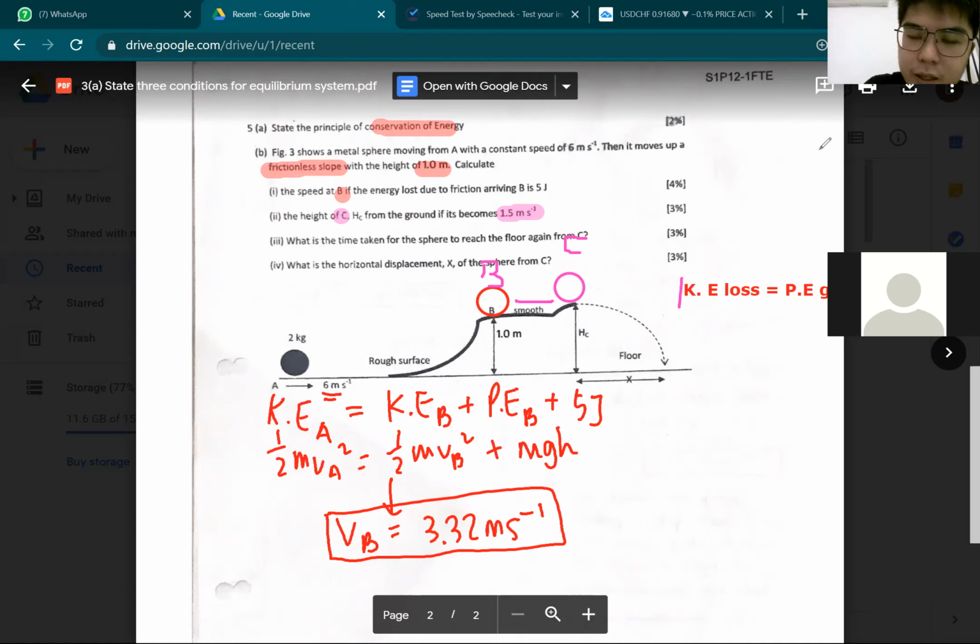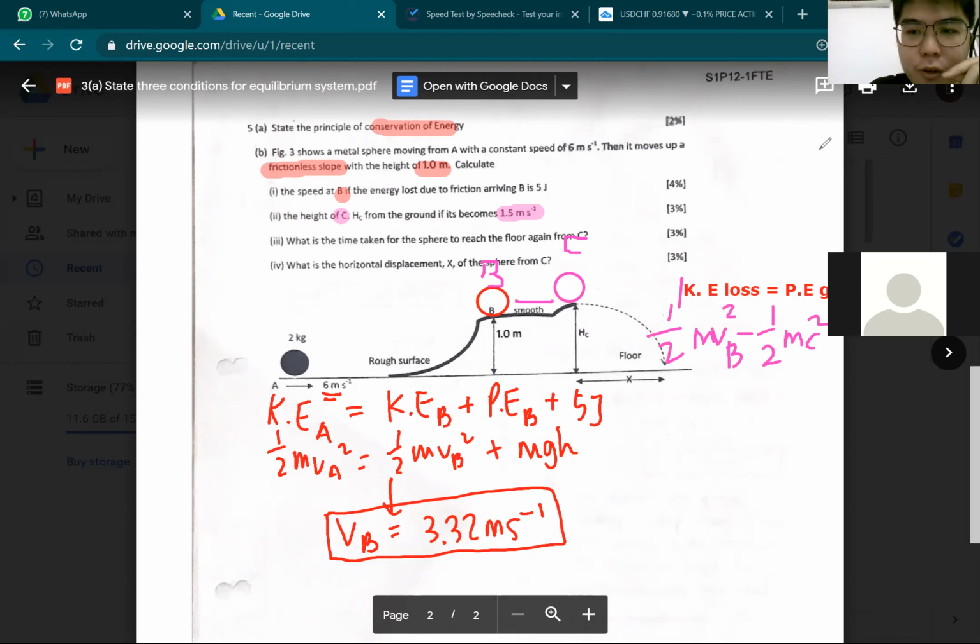You take the initial kinetic energy minus the final kinetic energy, because the initial is greater than the final. So half m VB square, the velocity at B, the initial one, minus half m VC square.